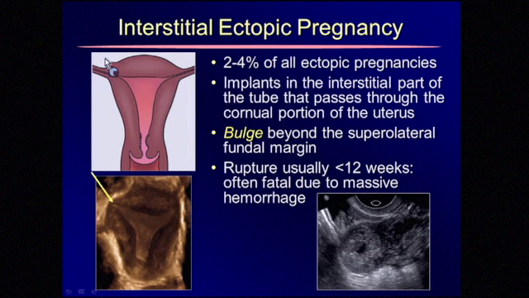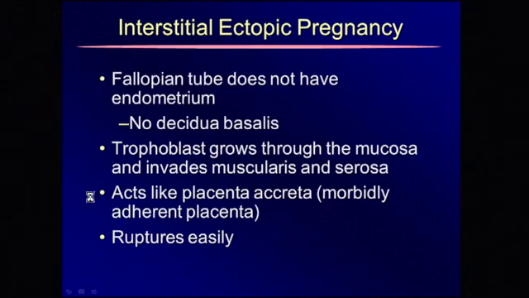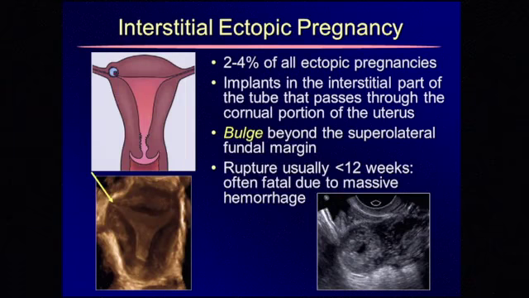It creates a bulge in the superolateral fundal margin. Now here's a 3D representation of how the endometrium suddenly continues into a thin tube, and that's the beginning of the interstitial part of the tube.